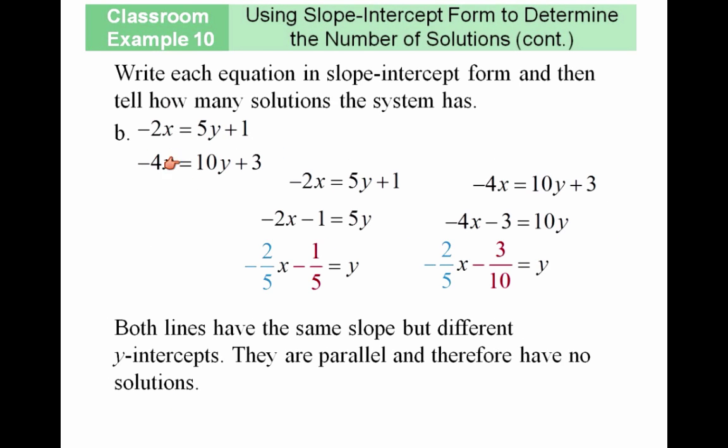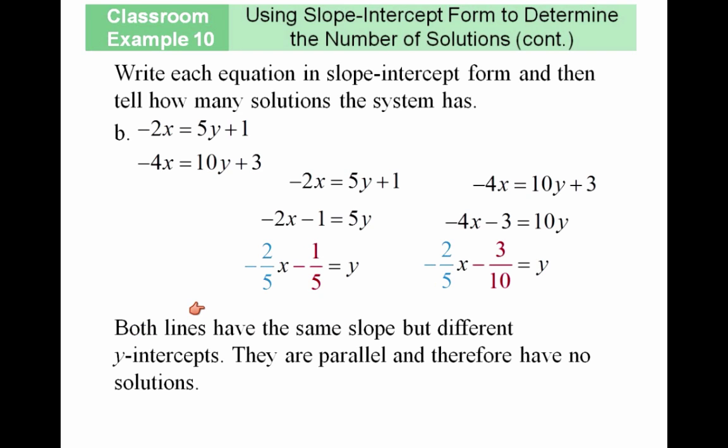In this case, we have two equations and two unknowns. If I solve this for y, look what happens now. The slope of the first line becomes -2/5. The slope of the second line becomes -2/5. So these two lines are either the same line or parallel lines. But they cannot be the same line because the y-intercept is not the same.